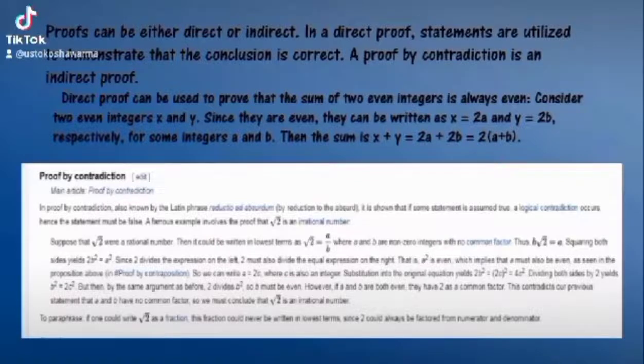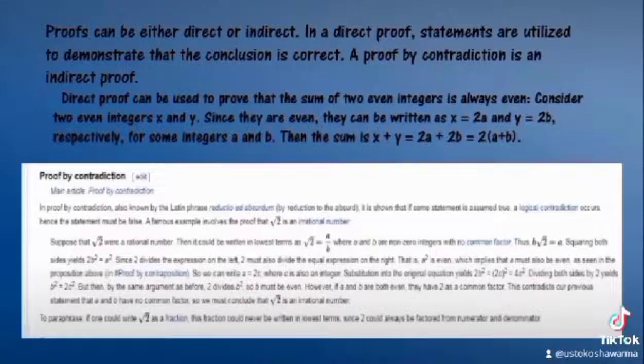In a direct proof, statements are utilized to demonstrate that the conclusion is correct. A proof by contradiction is an indirect proof. It contradicts, I think, a statement; that is indirect proof. Direct proof can be used to prove that the sum of two even integers is always even. Consider two even integers x and y.